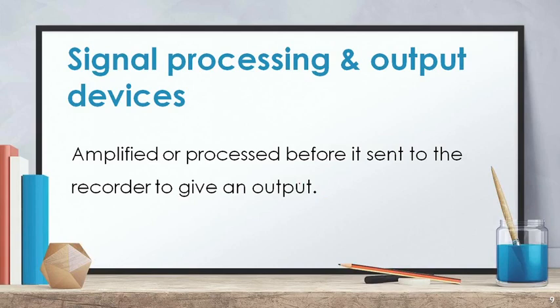Next is the signal processing and output device. The electrical signal from the detector is suitably amplified or processed before it is sent to the recorder to give an output. The amplified signal is given to the recorder for giving the output of the compound or sample.